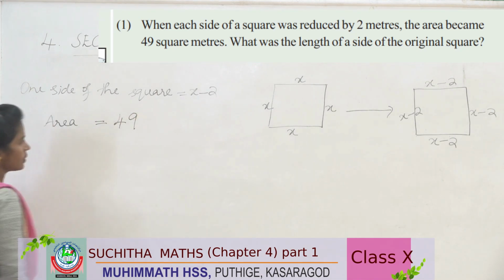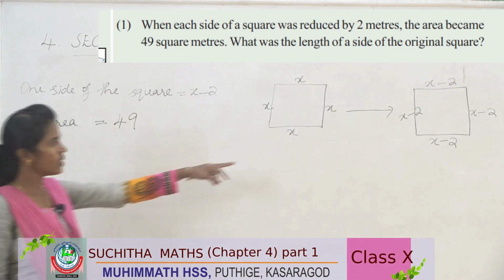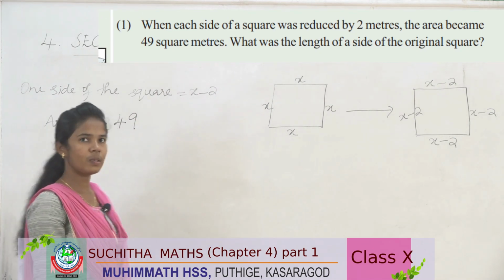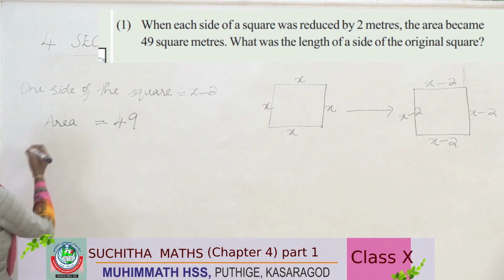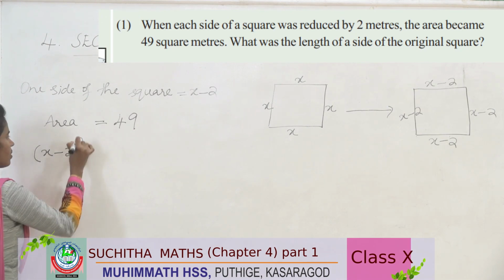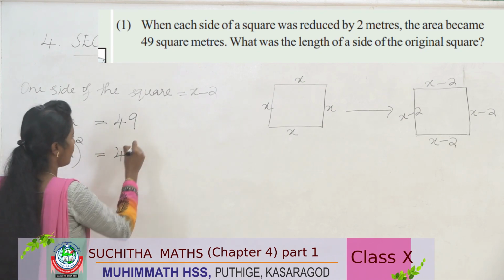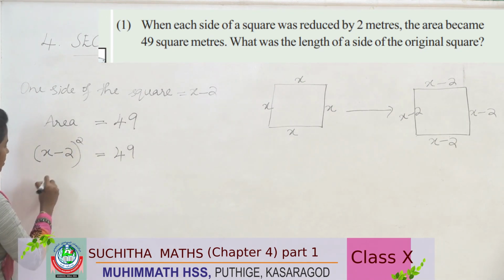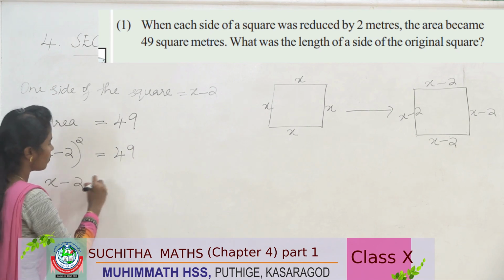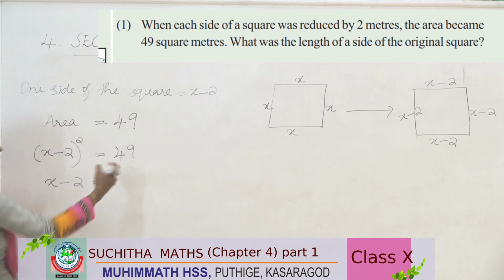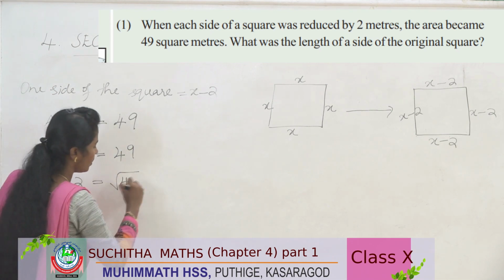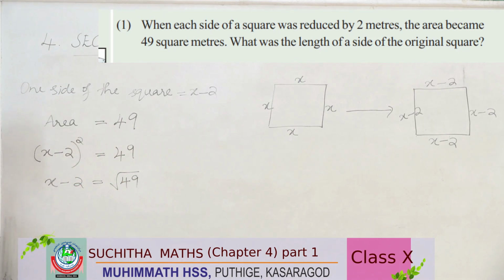So here one side of the square is x minus 2, then the area is x minus 2 whole square, which equals 49. Therefore x minus 2 equals, removing the square, root 49.